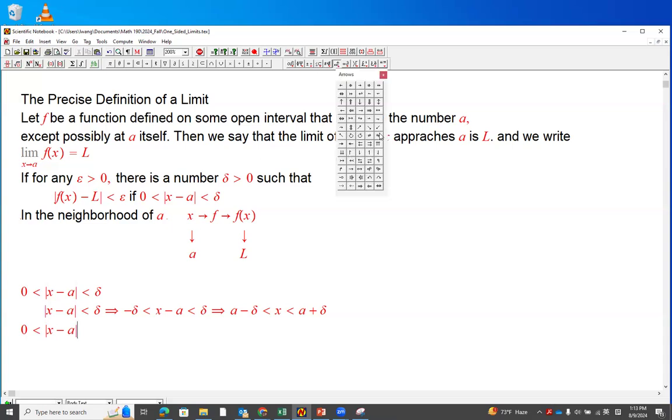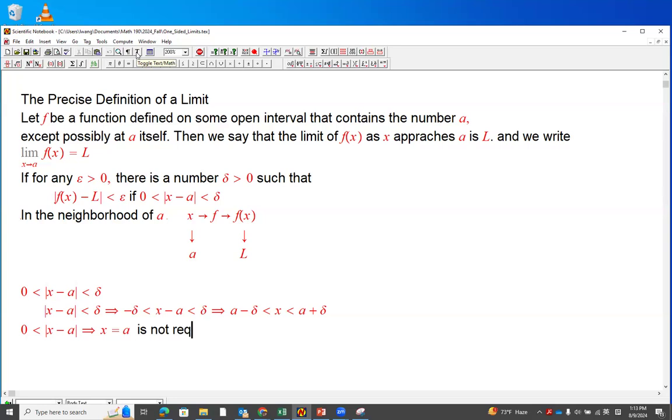So this is just to say, well, if x is not equal to a, it's okay. Whether x equals a or not is not required.